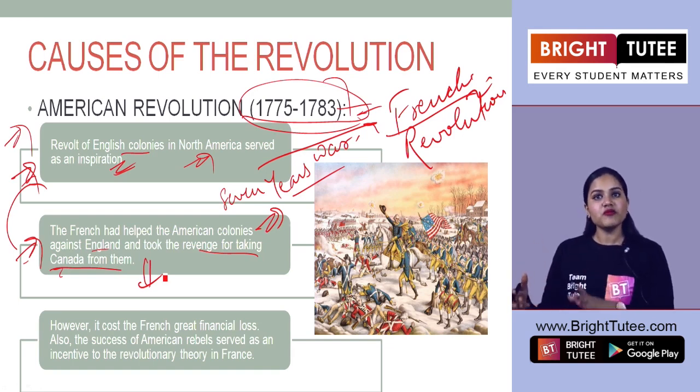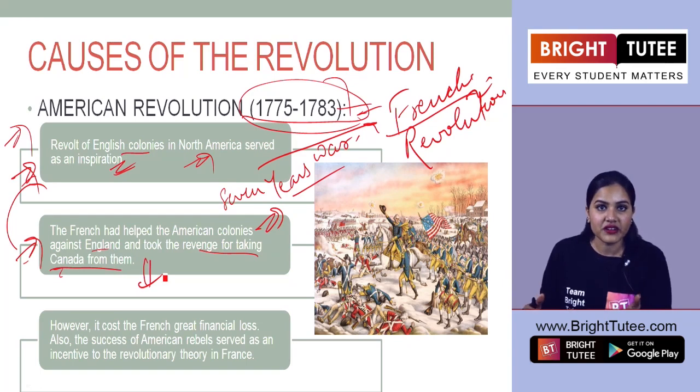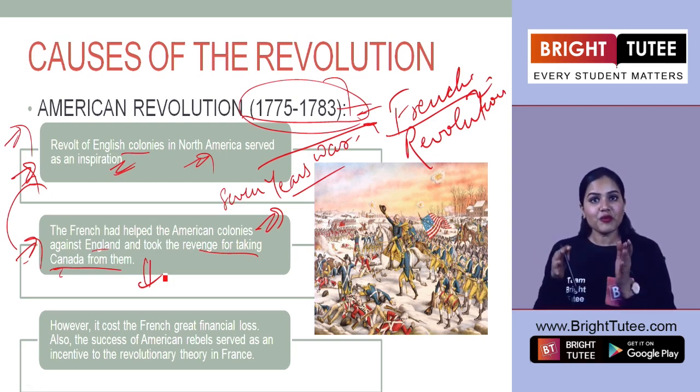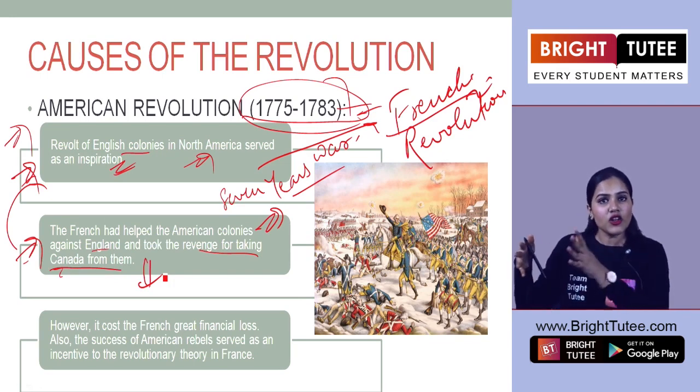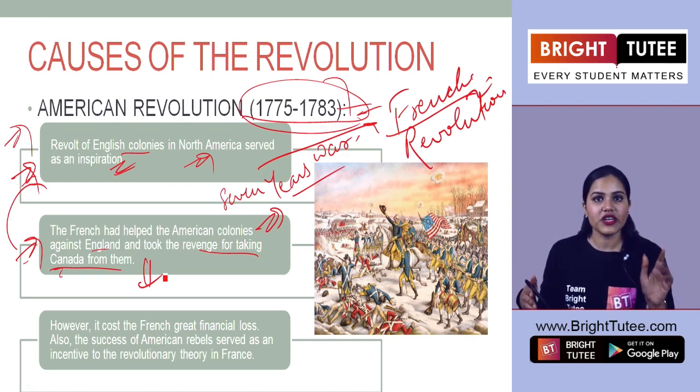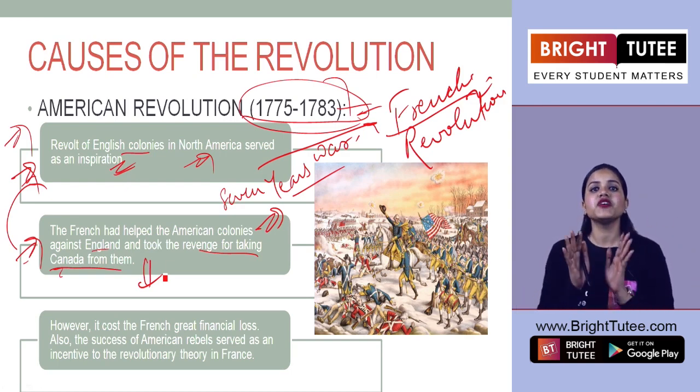So a lot of money was invested in arms and ammunition, and again in taking care of the soldiers who were involved in the war. Therefore, money was required there. A large portion of the treasury was now gone in financing the war. Therefore, it became one of the reasons.